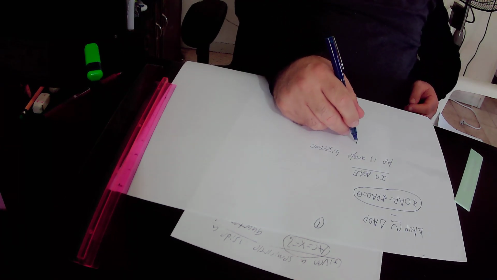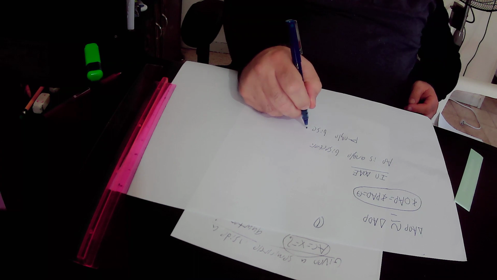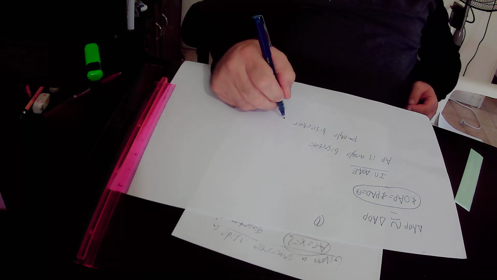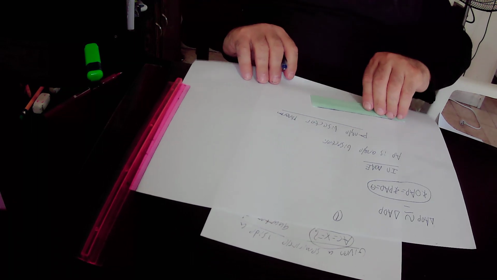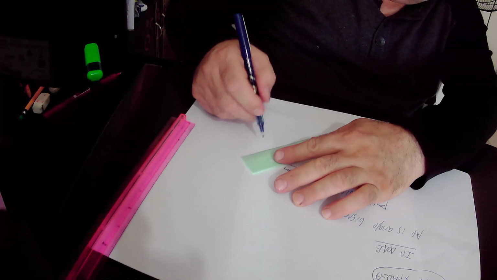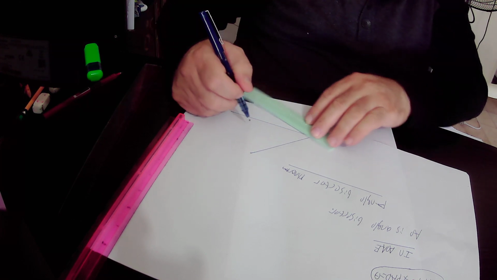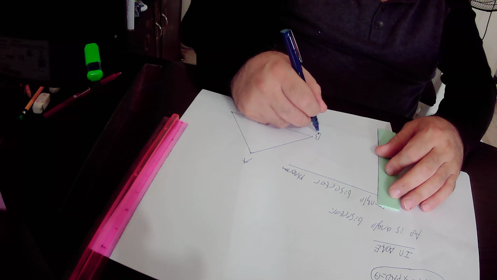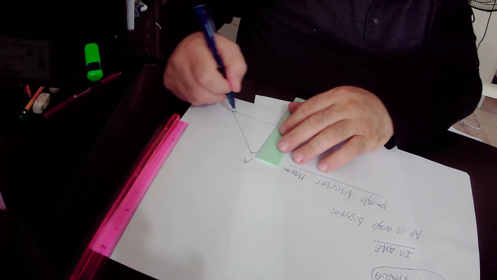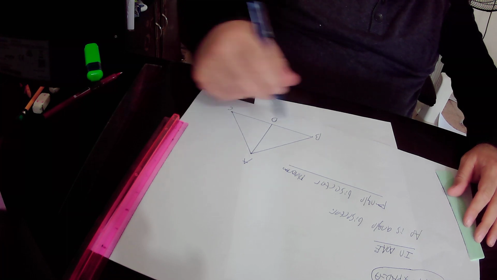According to the angle bisector theorem, if we have triangle ABC, that could be any triangle, and AD is the angle bisector, that is to say, it divides angle BAC into two equal parts.